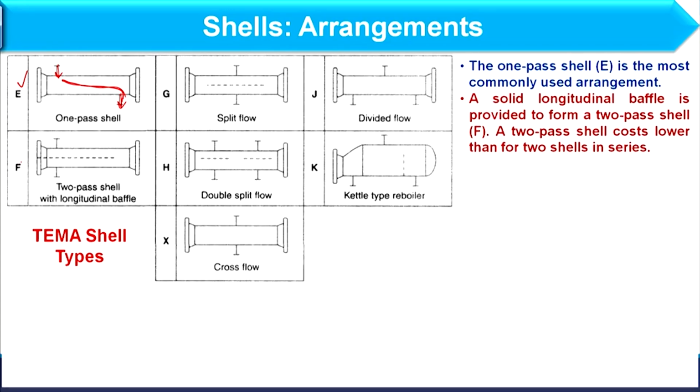Next we have TEMA F shell, okay, and here you can understand the inlet and outlet nozzles are both on the same side. So, here we will put this partition plate, okay, this partition. So, if I am putting the partition plate in the shell, basically that is a horizontal baffle, and both sides of the baffle are welded at the inner surface of the shell, right.